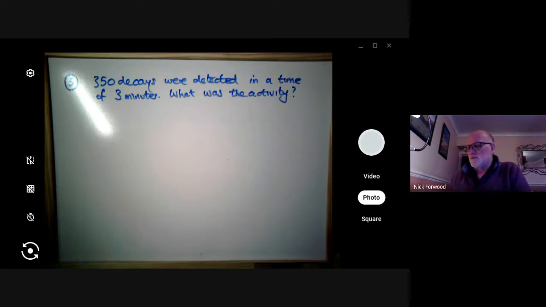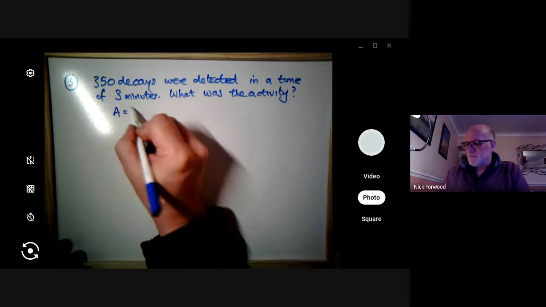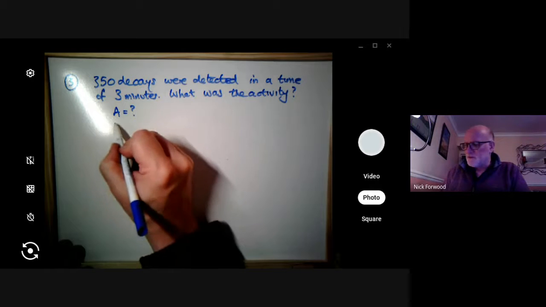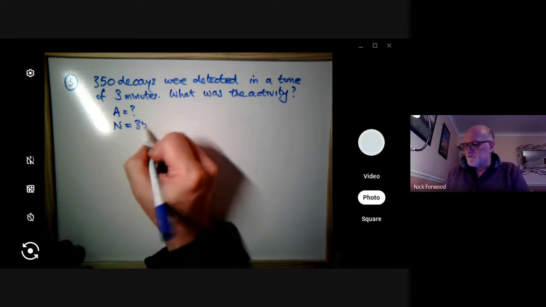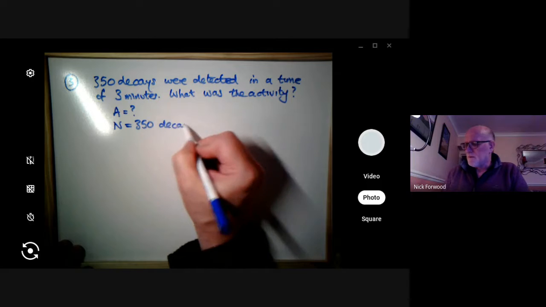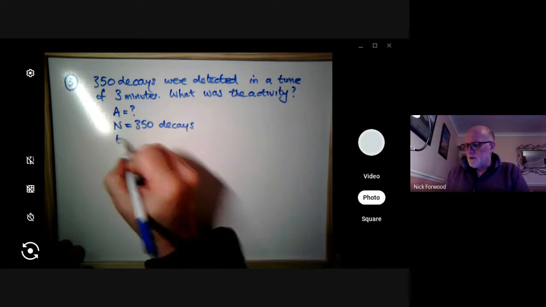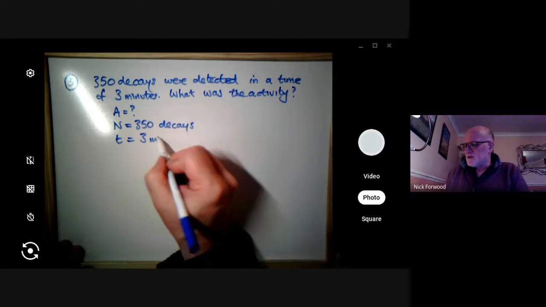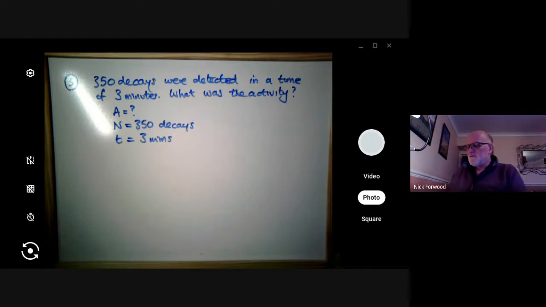And I'm sure some of you will be saying, oh yeah, I know what to do here. The activity is the number of decays per second, and this is in minutes. So we're going to make our table. I don't know what the activity is. I'm going to put down that the number of decays is 350 decays. I'm going to put the time equals 3 minutes. So there's my table. I've now got to do this thing called prefixes, which really means changing minutes into seconds.